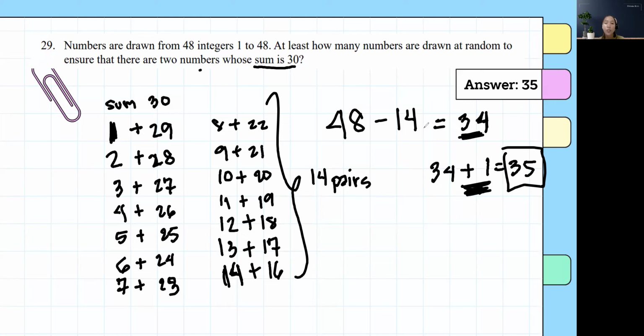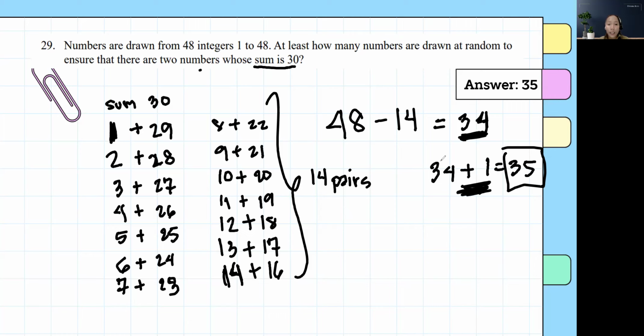Okay? Out of those 34 non-sum of 30 numbers. So this is the worst case scenario. So we need 35 draws to make sure that we get two numbers that have a sum of 30.